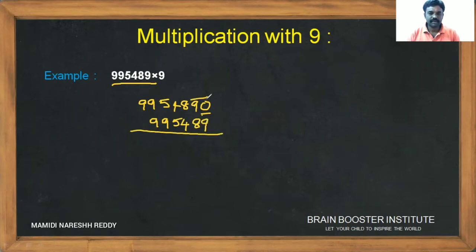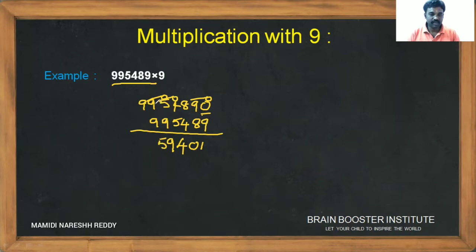Let us subtract now. 10 minus 9 is 1, and 8 will be there here. 8 minus 8 is equal to 0. 8 minus 4 is 4. Then we cannot subtract 5 from 4, so let us take a carry forward, and 14 minus 5 is 9. Again take a carry forward, and 14 minus 9 is 5.